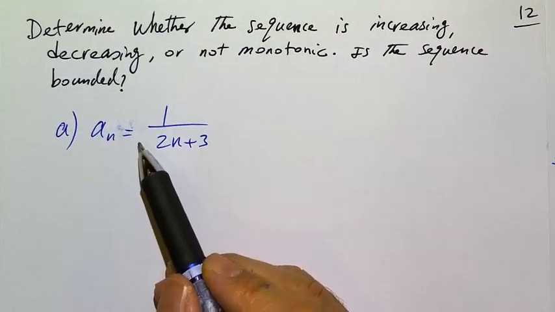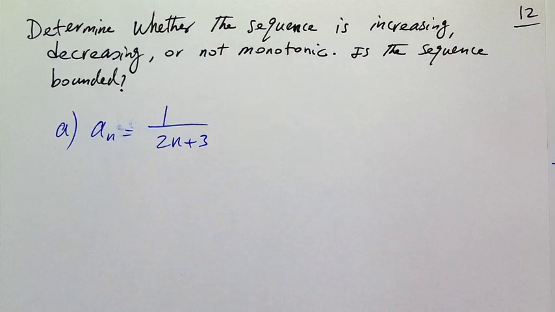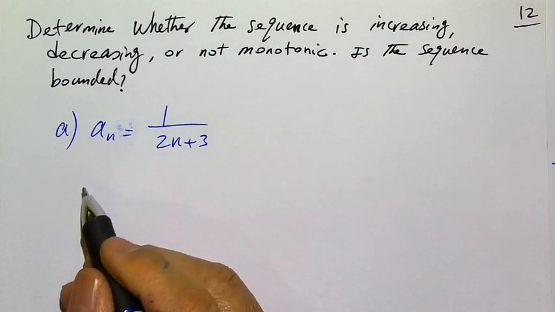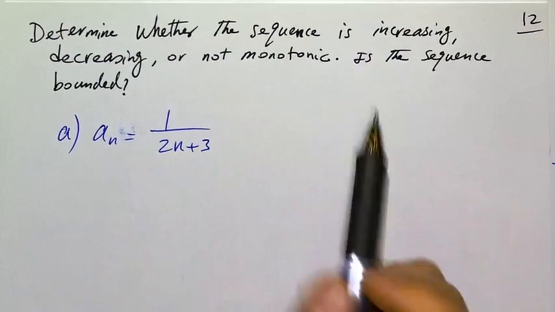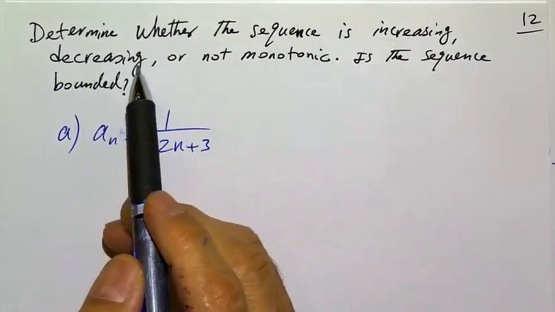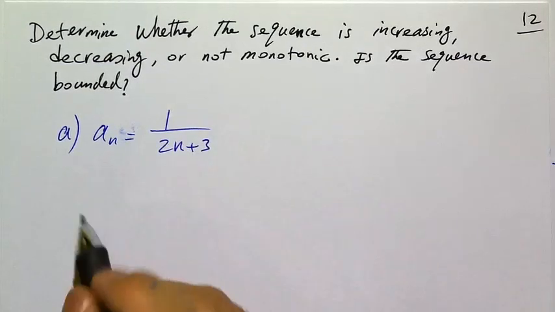So speaking of that, then we have a sub n. Then let's calculate a sub n plus 1, because that's part of the definition, right? When we're determining if a sequence is increasing or decreasing, we're going to have to find a sub n plus 1 as well.